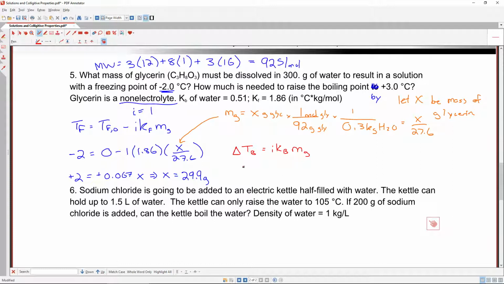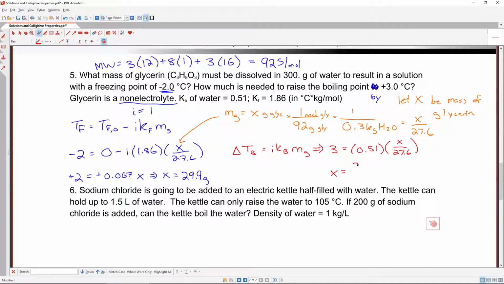Okay, so here we have, so this implies that 3, right, 'cause that's our change in temperature, is equal to, i is 1, KB is given, 0.51, mg, our molality of glycerin, is x divided by 27.6, where x is the mass of glycerin. So we can solve for x.